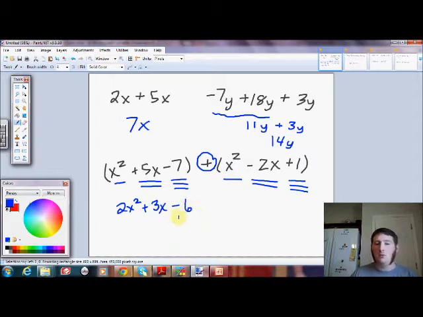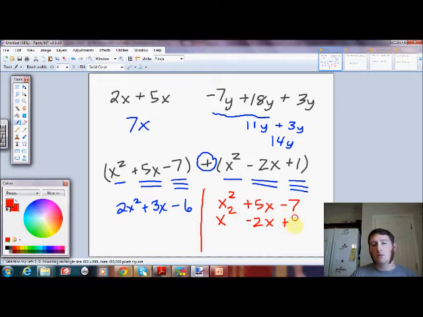If you had trouble with this in Algebra 1, something you might want to do is a different way to work the problem. It's an addition problem, so let's just line things up. x squared plus 5x minus 7, x squared minus 2x plus 1.